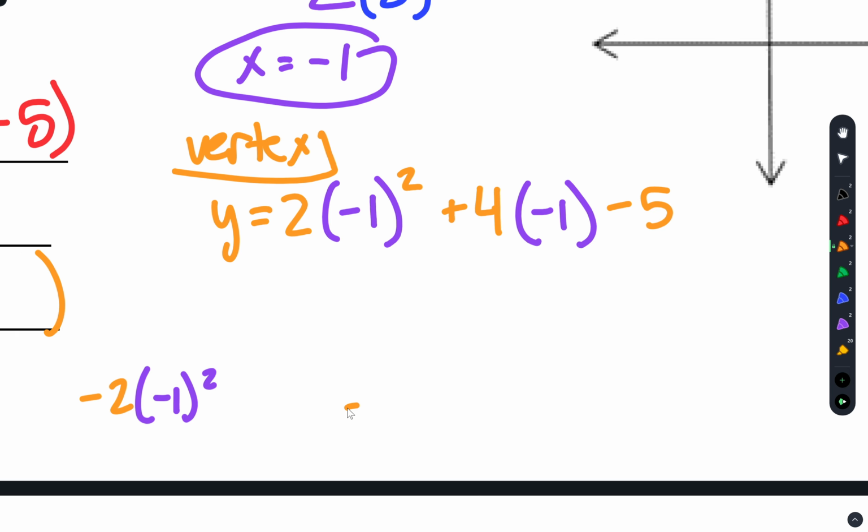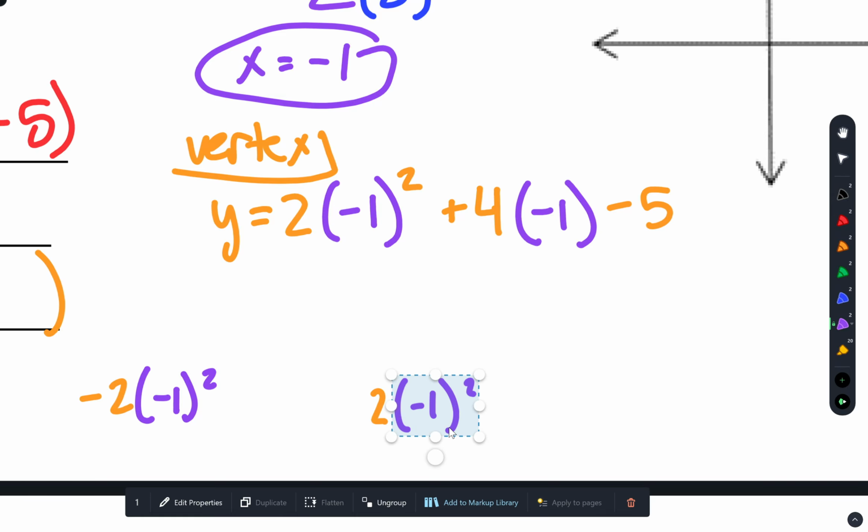If this is just a 2 with a negative 1 squared, like that, that's going to be a positive 2, right? Okay, so it all depends on where this sign is going. So if there is a negative in the front of this parentheses, then that negative stays there. If there is no negative in here, this is still becoming positive, even if there's a negative sign. So there is a difference.